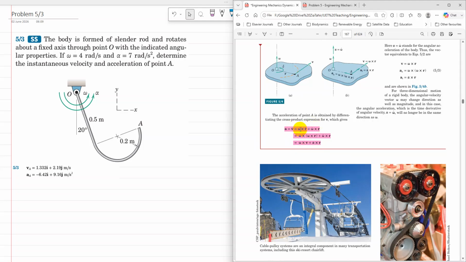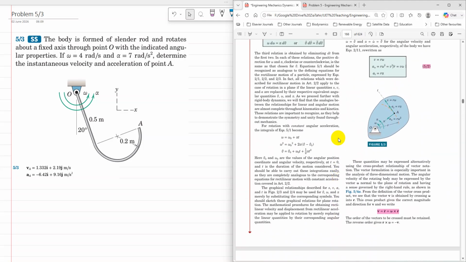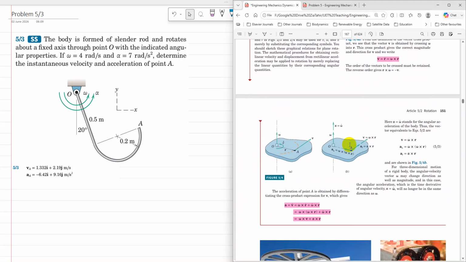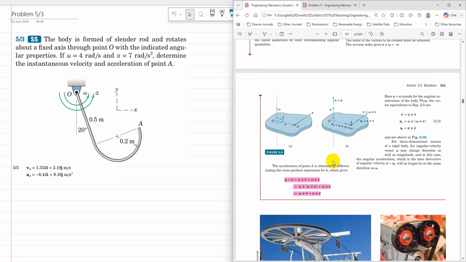So it is either omega cross v plus alpha cross r, or it is omega cross omega cross r plus omega dot cross r. So equations 5/2 and 5/3 are used to solve this problem.